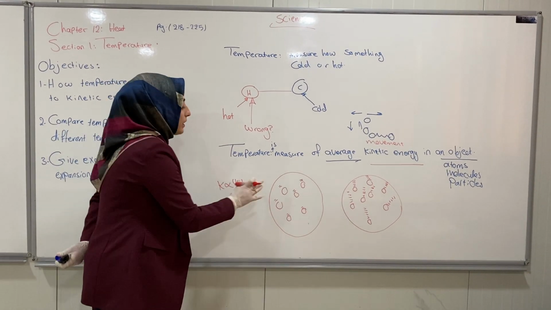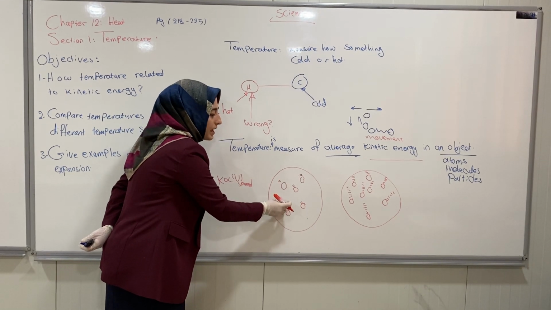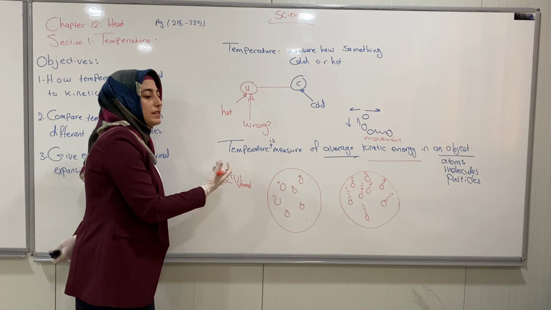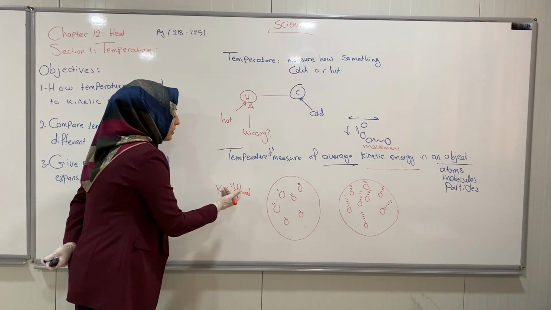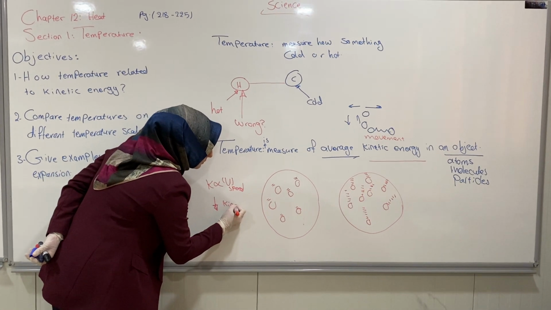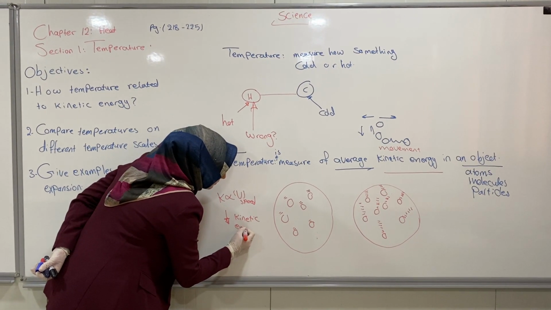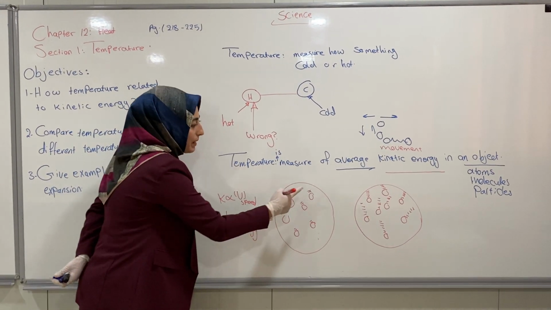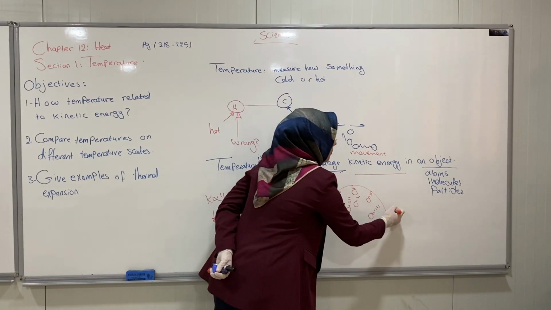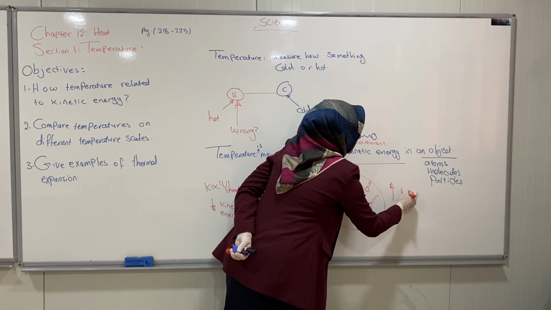Okay, so if the movement of particles inside an object is slow, or they have less movement than the other one, they have less kinetic energy. What about this one? The faster moving means more kinetic energy.